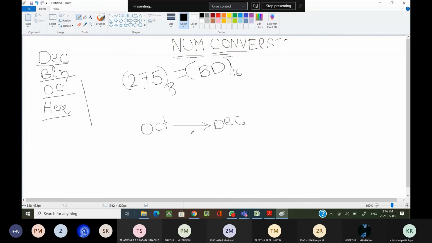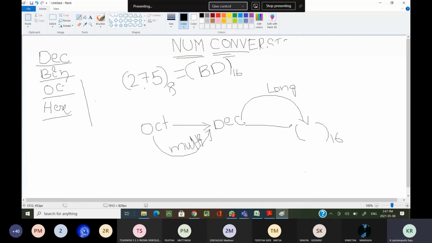How are we converting octal number into decimal? Multiplication. If I know the decimal number, can I convert it into hexadecimal or not? What is the procedure I am using here? Long division.